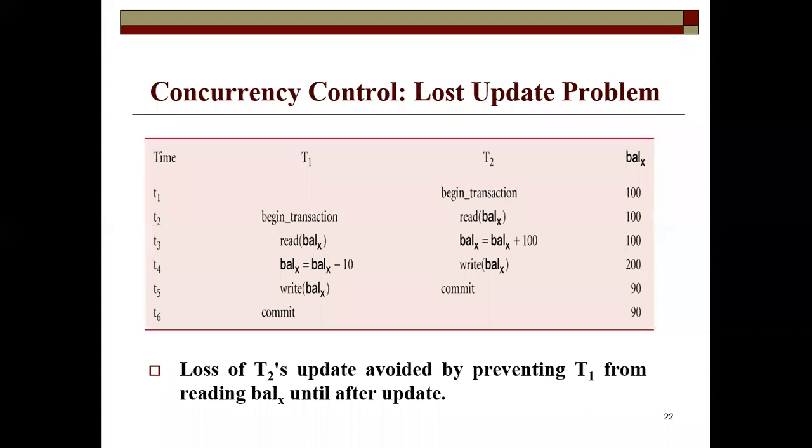They are all correct to do what they are doing. Unfortunately, in this interleaved manner, we ended up with a lost update. We lose the $100. So is it clear where we are coming from?